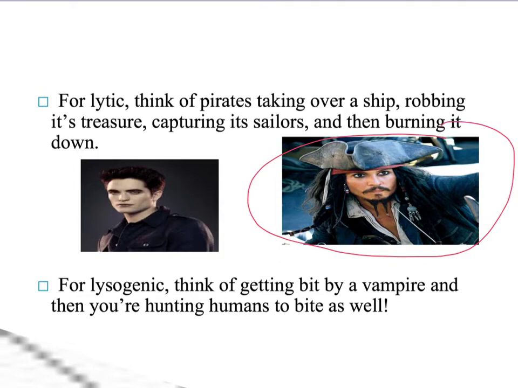So you just got to remember the two men wearing makeup. So lytic, pirates. For lysogenic, you can think of vampires, because when the vampires bite their victims, when this pasty white guy bites the bratty white girl, then what happens? Oh, then she becomes a vampire as well. So it's like where the bad cells infect the good cells and make them bad too, basically.